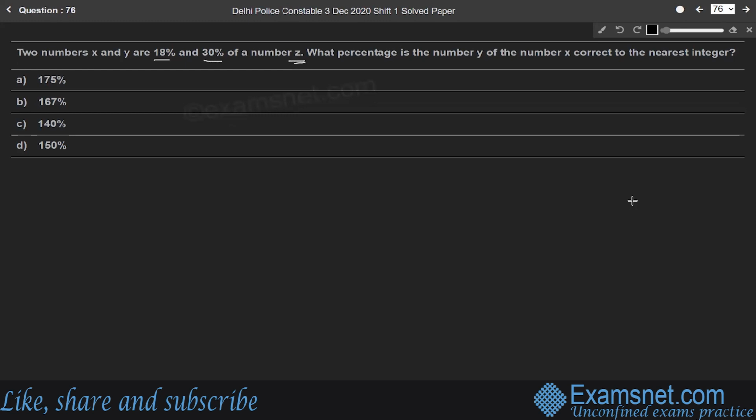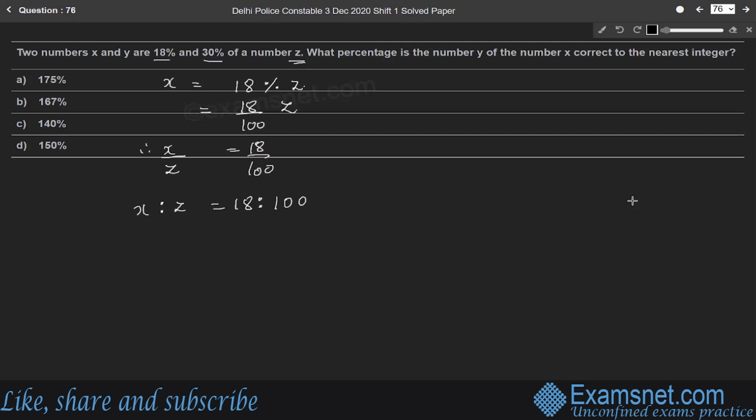So here, number x is 18% of number z, which is equal to 18 by 100 z. Therefore, x by z is equal to 18 by 100, or x is to z is equal to 18 is to 100.